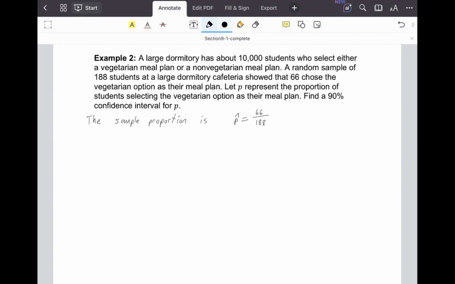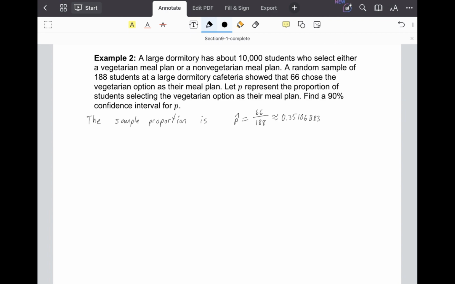You can compute that, just do division, 66 divided by 188. We get about 35%. I'm going to put some more decimal places just so we have them. Okay, so about 35% choose that vegetarian meal plan.